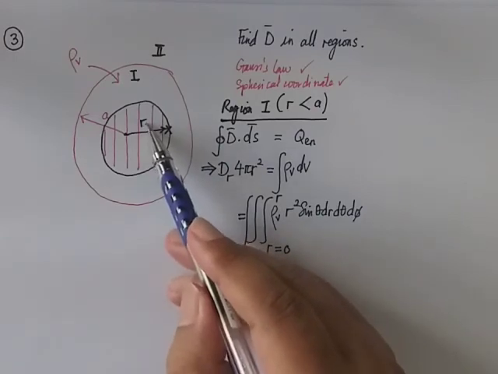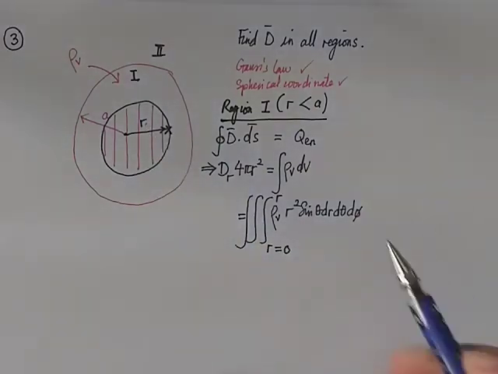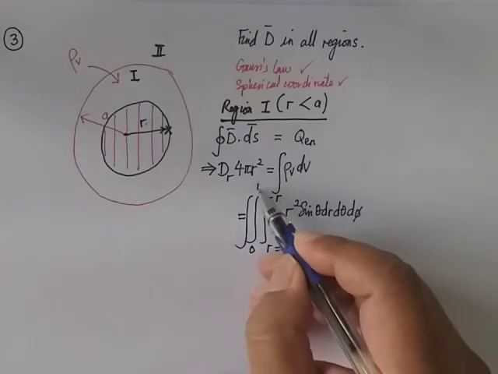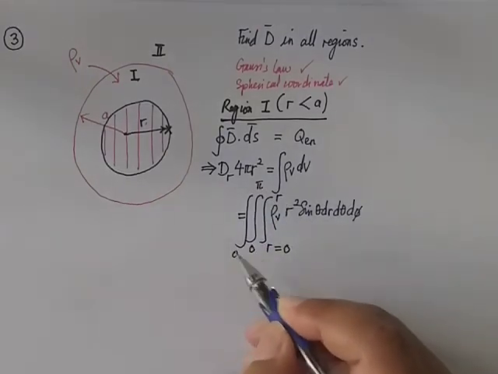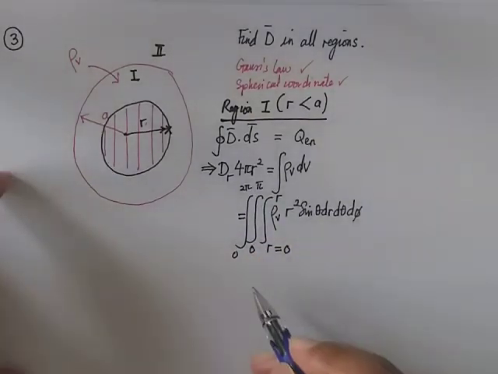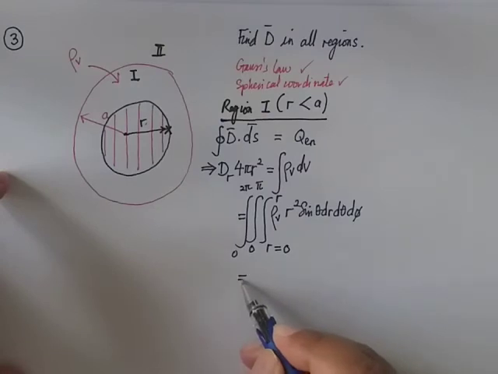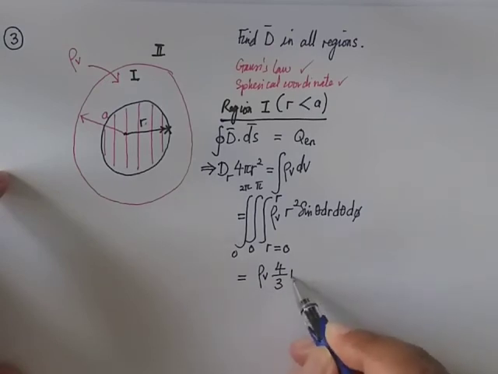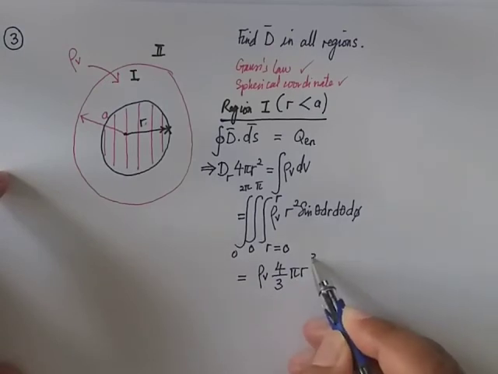Therefore, I'm going to use this upper limit for my R. And then for theta, standard 0 to pi, phi standard 0 to 2 pi. So my solution now becomes rho v times 4 over 3 pi r cubed.